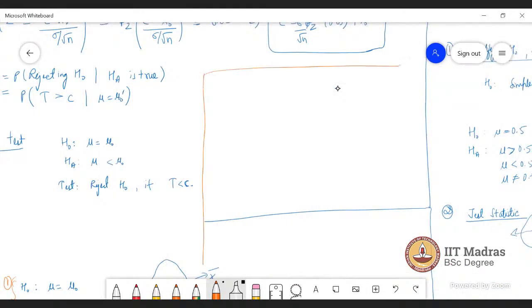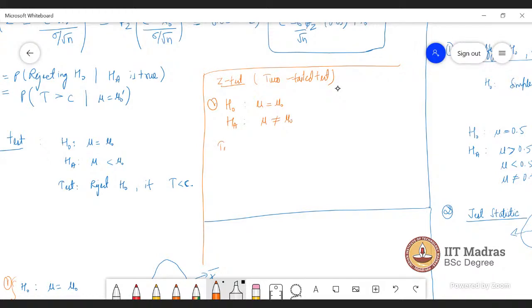Okay, so if you have a two-tailed test for test of mean, z test, two-tailed test. So in this case, we take h naught to be mu equals mu naught, and Ha to be mu not equal to mu naught.